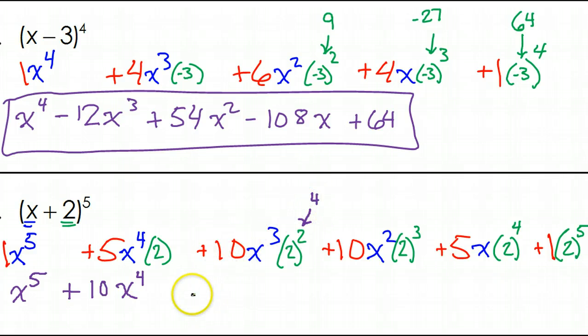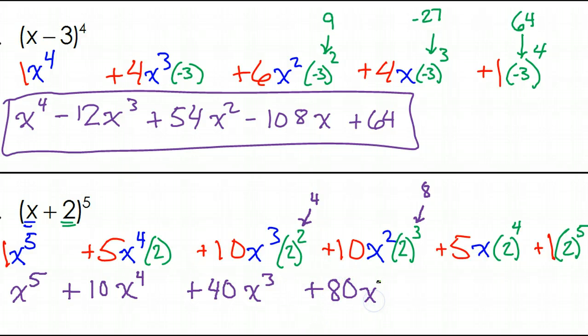So that's 40x to the third power. Now this 2 to the third power is 8, so I've got 10 times 8. So that's plus 80x squared. Now 2 to the fourth power is 16, so I've got 5 times 16.